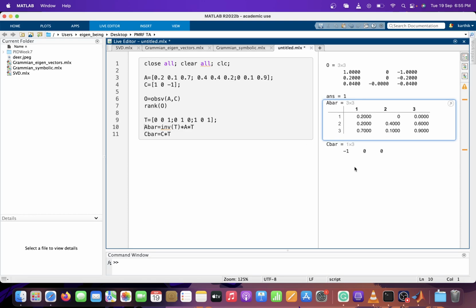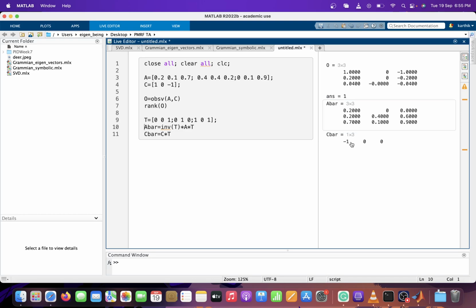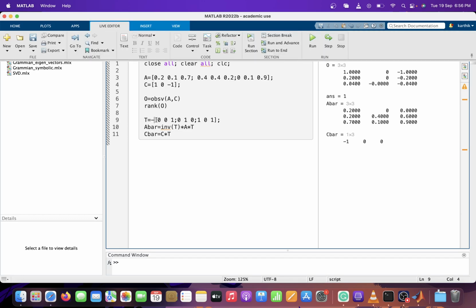And if you see your C bar, this is -1 0 0. I think I missed a negative sign somewhere, maybe that's why.